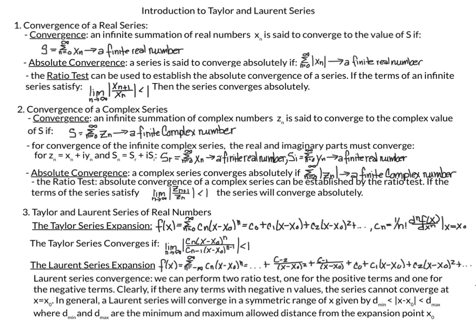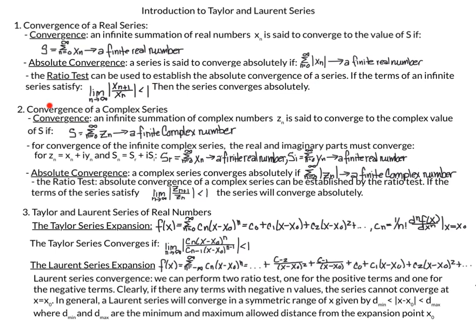Absolute convergence was if the sum of the absolute values of x sub n converges to a finite real number. And we can use the ratio test to establish absolute convergence here. If we take the limit as n approaches infinity of the absolute value of x sub n plus 1 over x sub n, and it's less than 1, then the series converges absolutely.